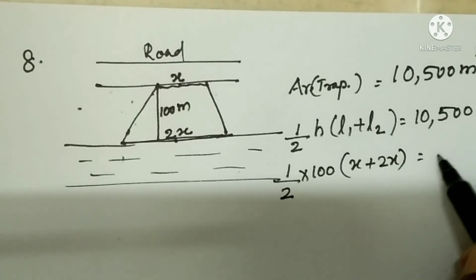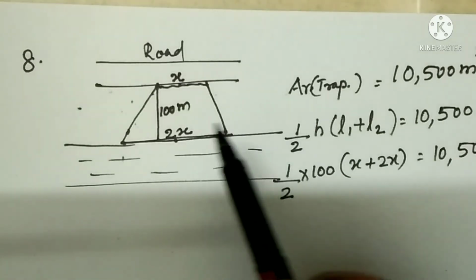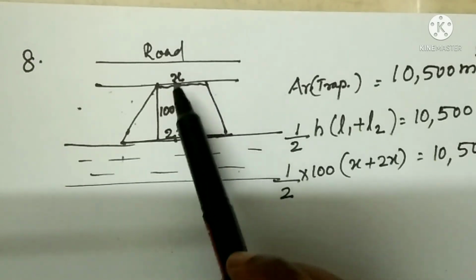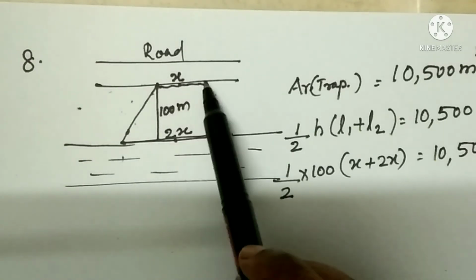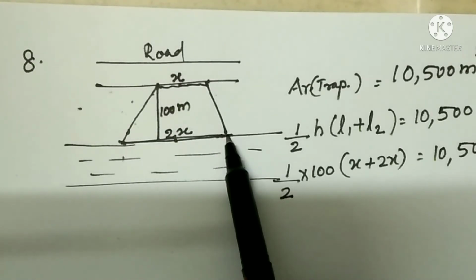That is 10,500. So what we took in this question, whatever length we don't know, we took it as x. And also we use the information given. What is the information given? Whatever be the length of this side, its double is the side near the river.